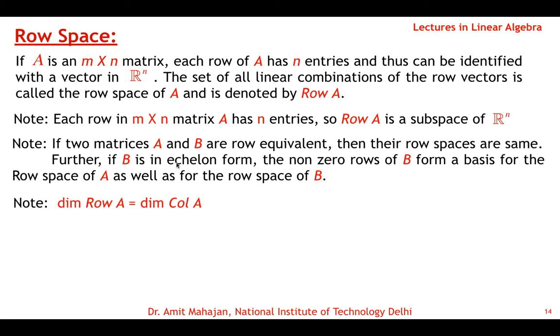Remember, the non-zero rows also tell us how many pivot positions there are, because each non-zero row gives one pivot position. So if there are three non-zero rows, then there will be three pivot positions, so three pivot columns, and that also gives us the dimension of column space. So the dimension of row space and the dimension of column space are always equal.